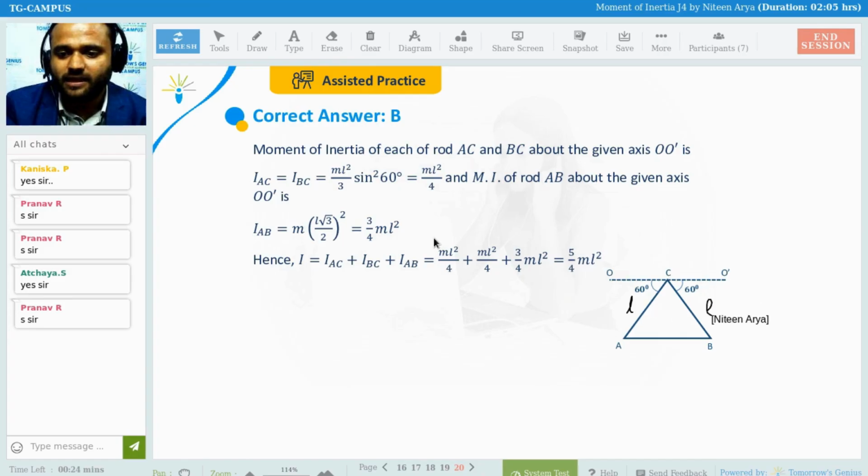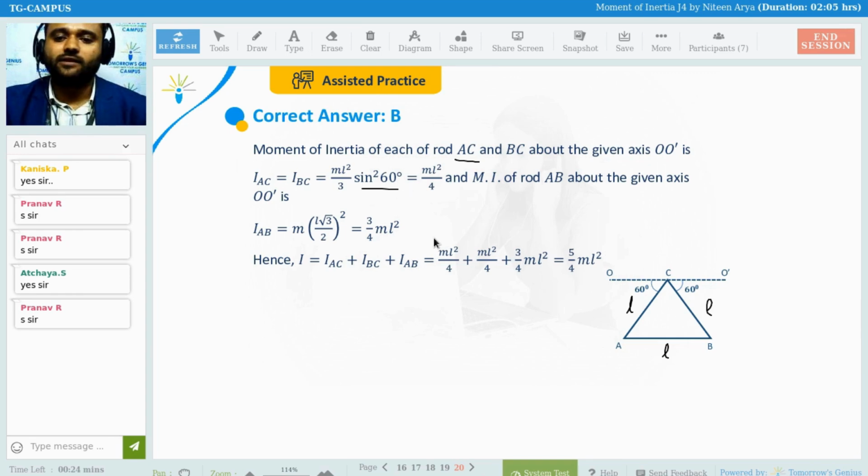This is L, and this is L also. And we know the moment of inertia of each rod, AC and BC, about the given axis OO prime. IAC, IBC is going to involve sine square 60 degrees, because as you can see, there are going to be two components, sine and cos.